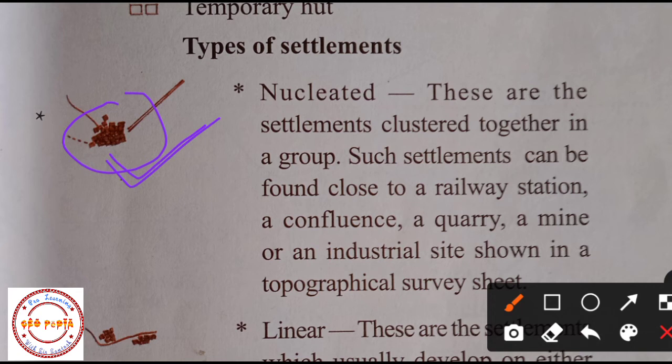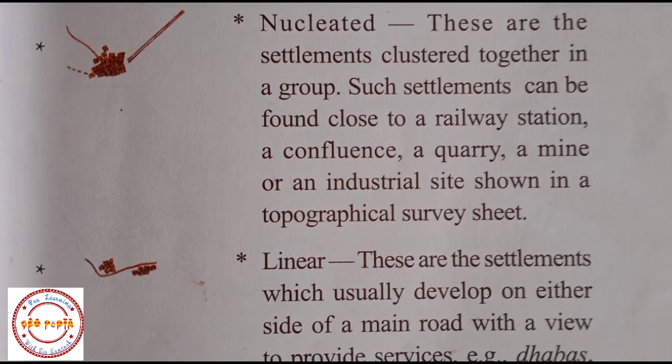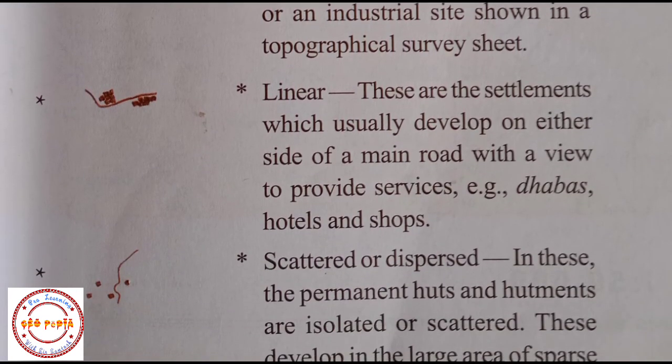Now the next type of settlement is linear settlement. I told you linear means line. When settlements are in a line, this type of settlement is called linear settlement, and mostly these are found on either side of the main road, river or railway track. These settlements are usually developed on either side of the main road with a view to provide services like dhaba, hotel, shops.